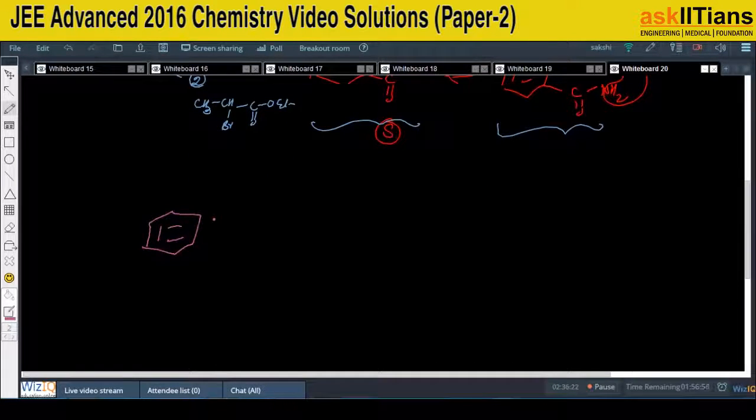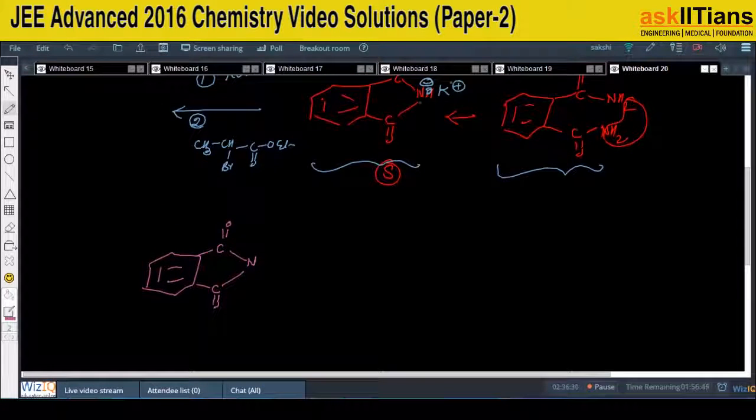So you have C double bond O, N, C double bond O. This N minus K positive, you can say this N will attack here, let's say at this C delta plus, and this Br will go away, so that you have CH, then a CH3, then COOEt here.